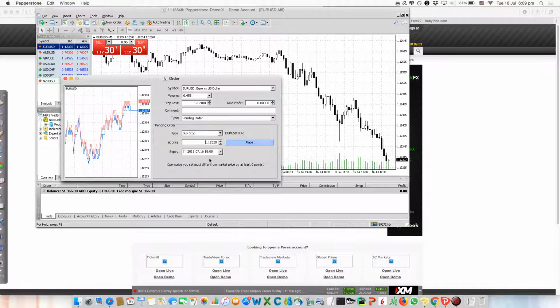So we have 22 pips of difference. And how many lots do we buy to risk 1% of our capital? 0.455.